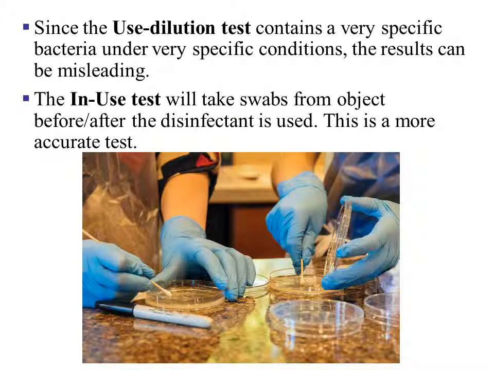Since the use dilution test contains a very specific bacteria under very specific conditions, the results can be misleading. So another method called the in-use test is more efficient at letting us know which disinfectant is best to use.